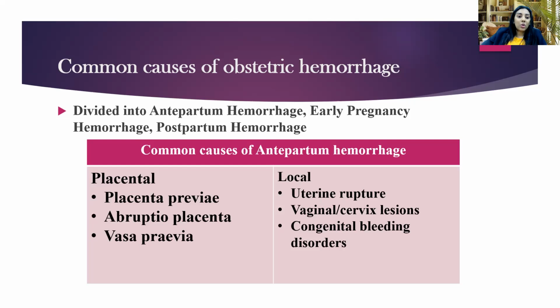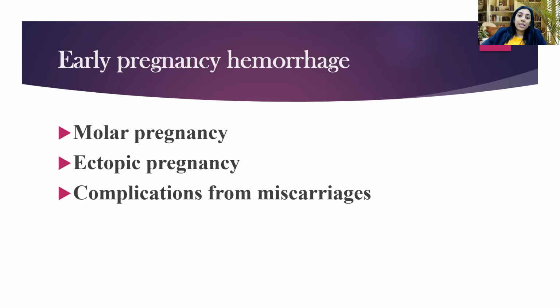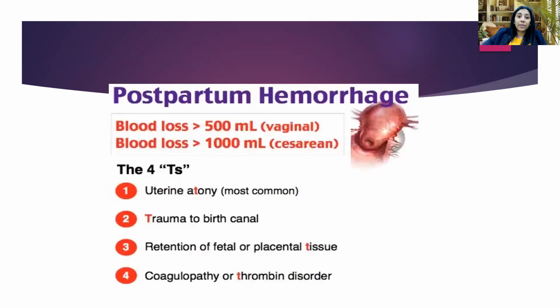So here are the common causes of antepartum hemorrhage, whereby we can further subdivide into placental and local. Early pregnancy hemorrhage usually is from molar pregnancies, ectopic pregnancies, or complications from miscarriages, such as retained placenta, retained tissue, or sometimes during dilatation and curettage. They can actually injure or perforate the uterus, and that can cause bleeding.